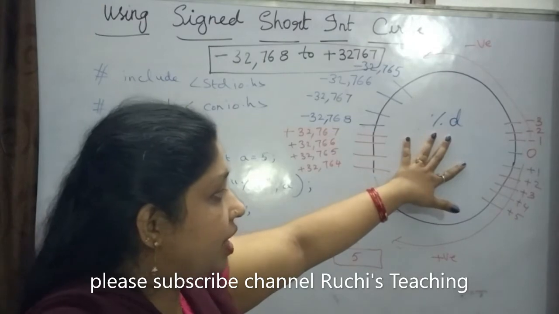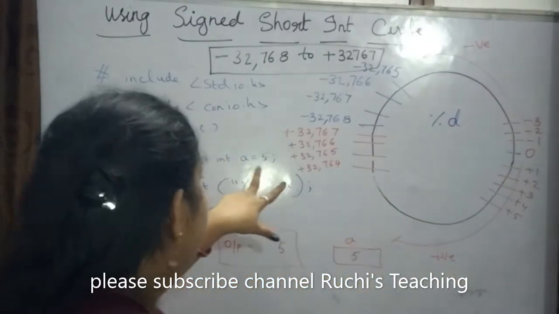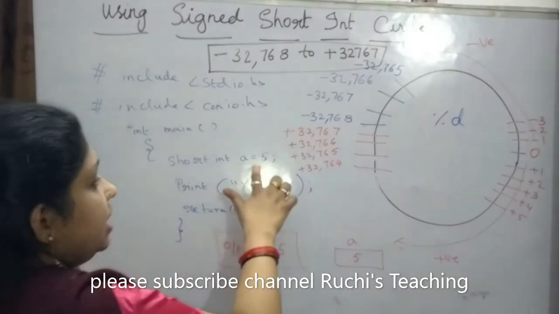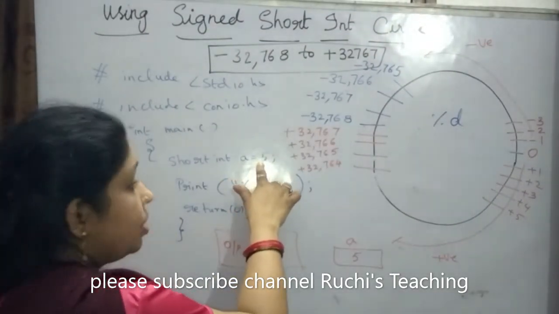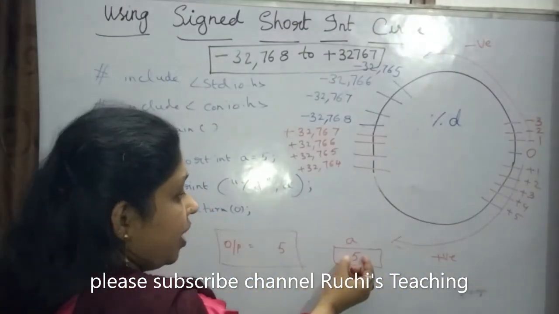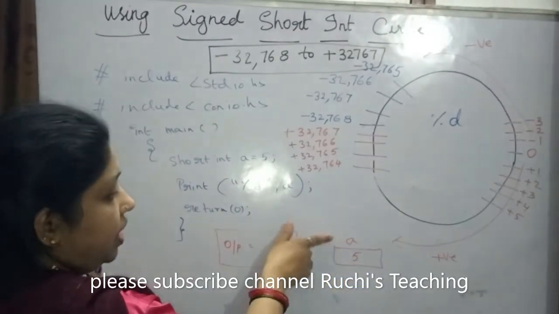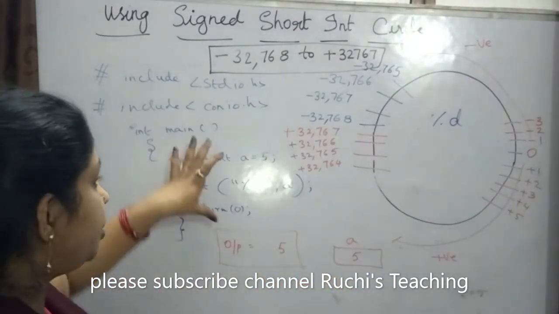If it is there, 1, 2, 3, 4, 5, positive 5. If you don't write any sign, you should understand that it is positive only. I think you all know this. So automatically it will assign this 5 to this memory location, to this variable. So this is the output of this program.